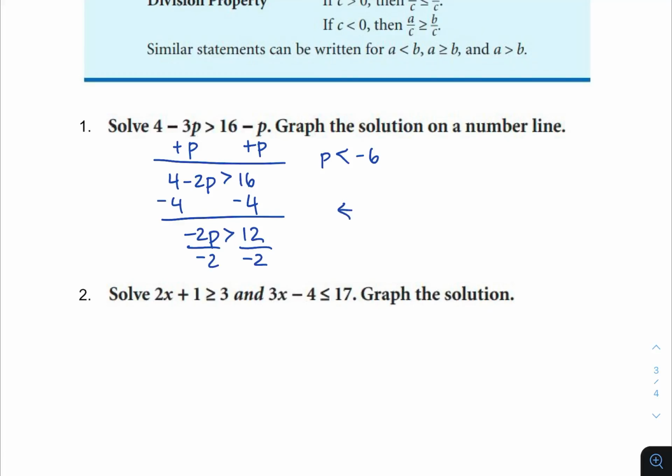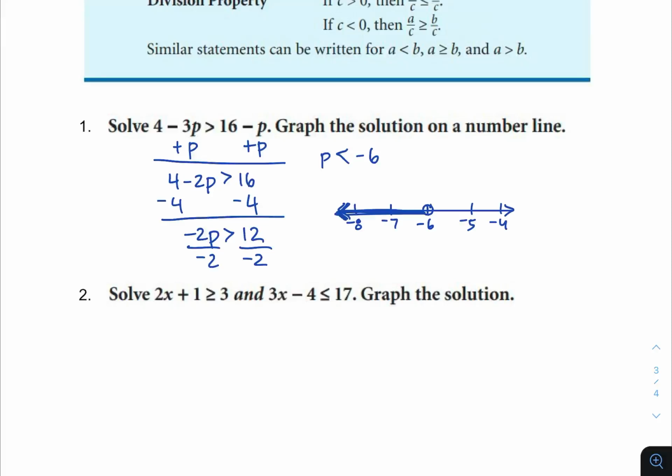And when we graph it on a number line, we have an open circle at negative 6, and since p is less than negative 6, we draw a line going this way.